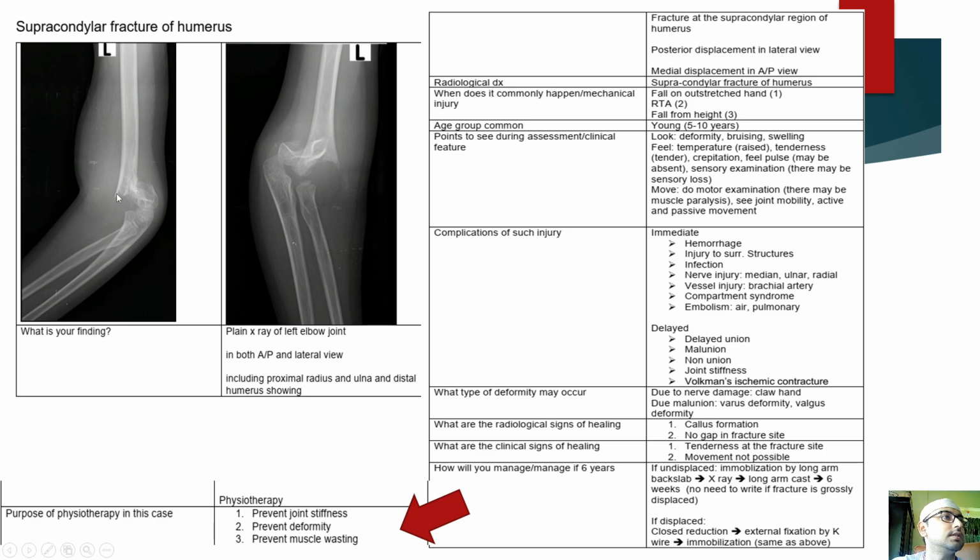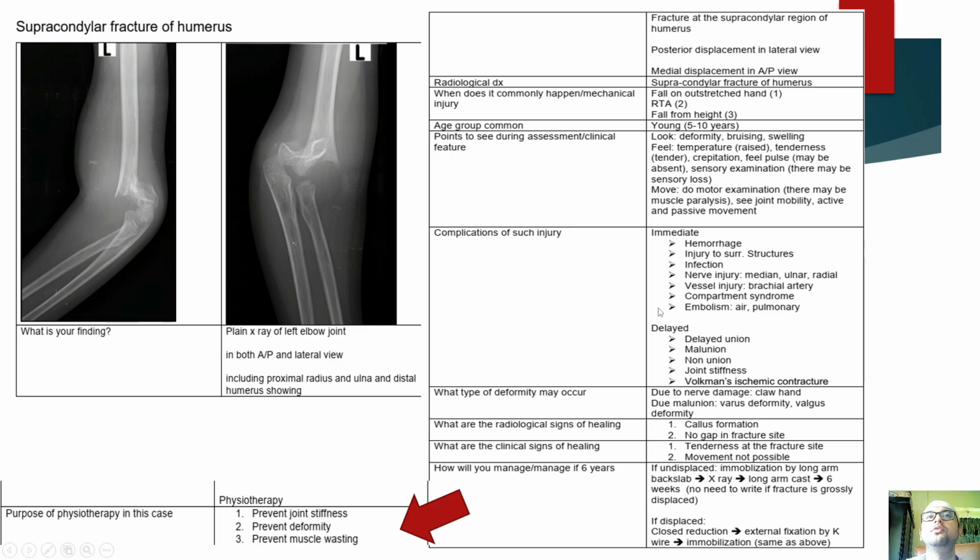This is the brachial artery, so there may be vascular viability issues, so it must be checked: pulse, temperature, tenderness, because the blood supply may be impaired if the brachial artery is ruptured. Sensory examination is needed because the median nerve, which is a large nerve, is sometimes injured.